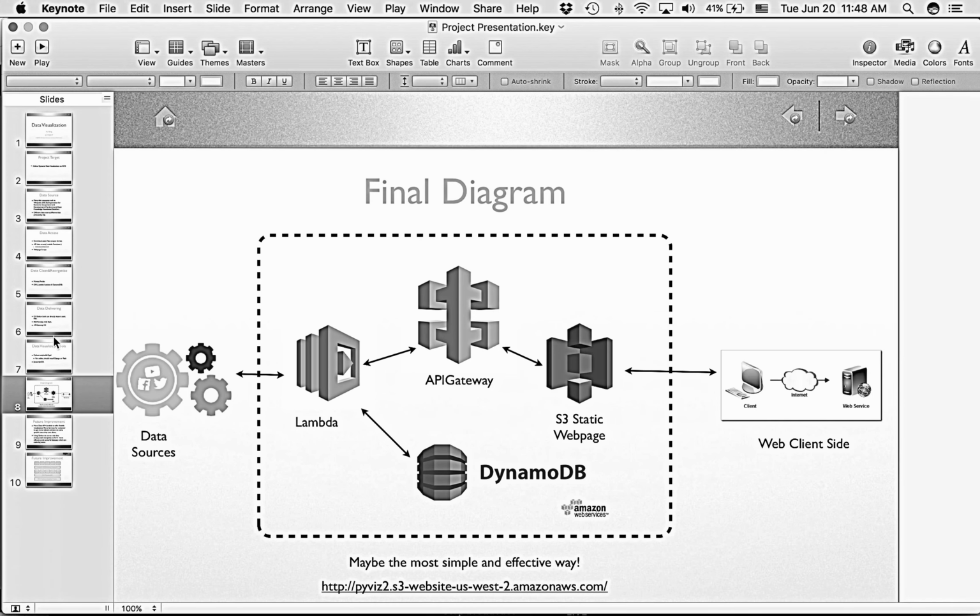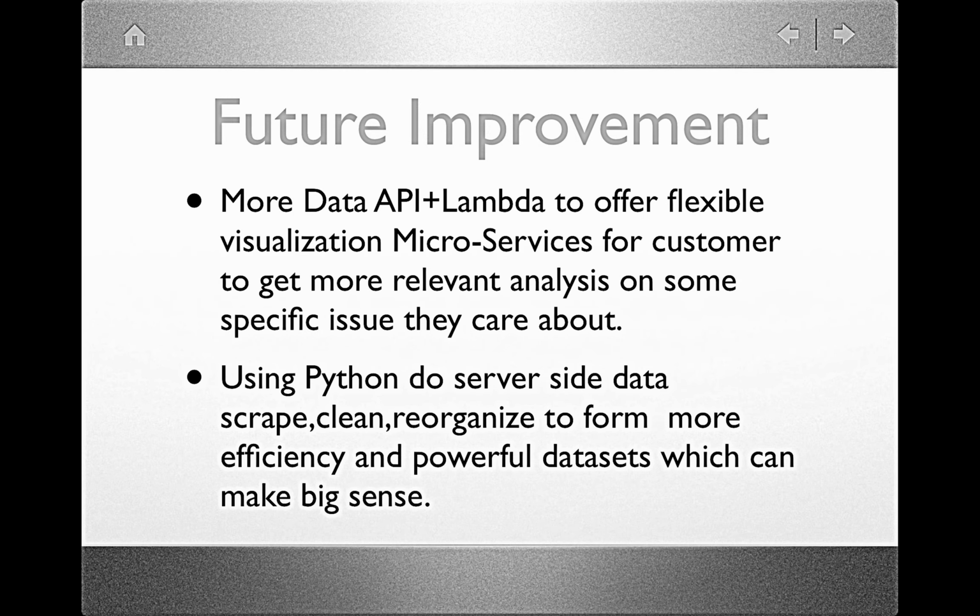My opinion is that Lambda plus API Gateway plus S3 can offer flexible microservices to customers. And data scraping, cleaning, and reorganizing is a heavy job, so I think it should be done on the server side, using powerful Python tools.